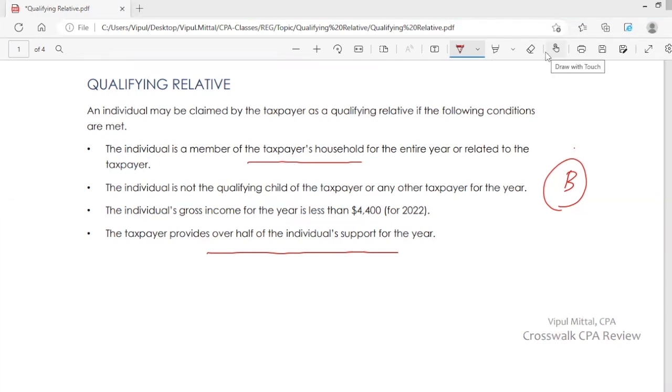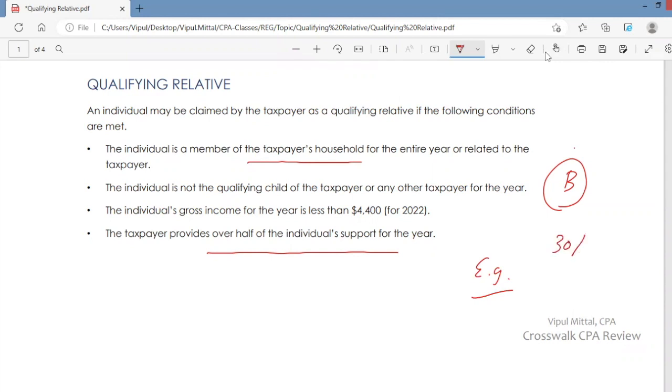Now, if you alone do not provide more than 50% of the individual's support, but two or more people together provide more than 50% of the individual's support. For example, you want to claim B as your qualifying relative and you provide only 30% of B's support.